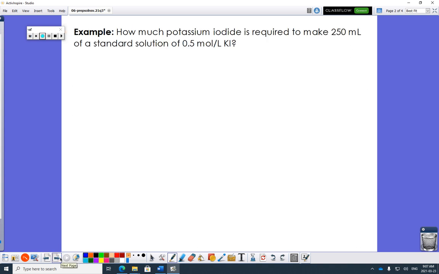So how much potassium iodide is required to make 250 milliliters of a standard solution of 0.5 mole per liter KI? So this is supposed to be an I. If that bugs you, you want to fix it, make it look capital. So you need to know what solid you're doing. And then now we have concentration, mass, volume, and molecular weight. So there are 4 variables. So again, you need at least 3 of them.